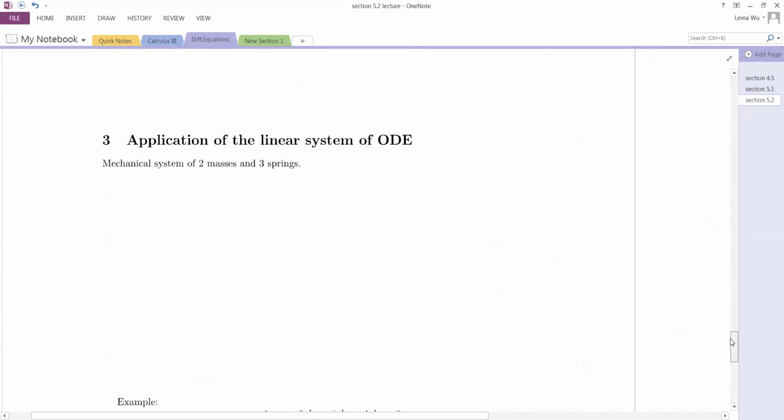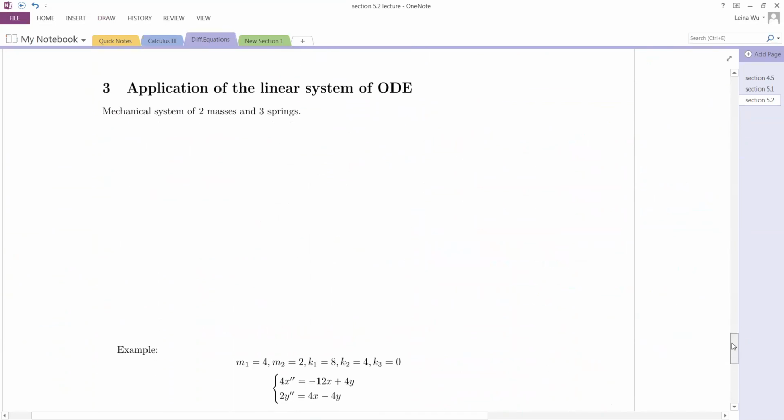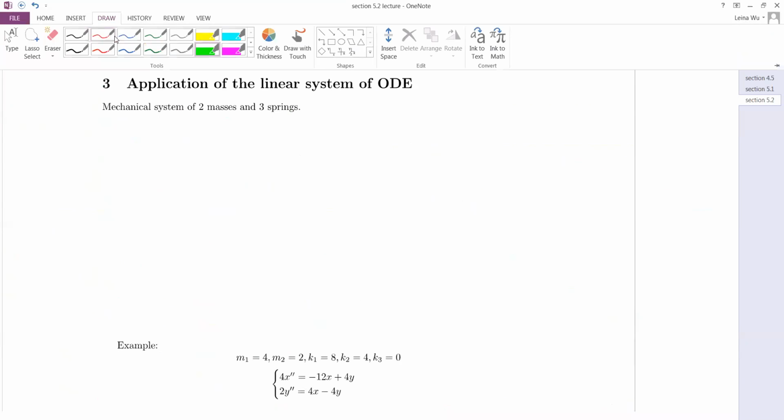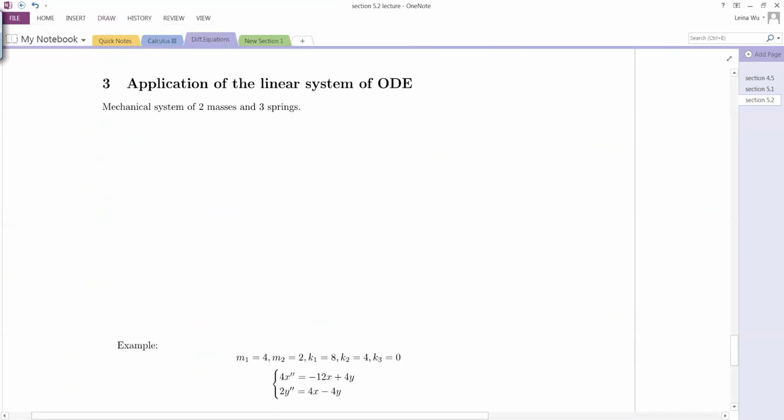All right, so guys, next we want to look at the application of a linear system. Remember last time when we were introducing a linear system, we started with the mass and spring problem. So we're going to look at a mechanical system of 2 masses and 3 springs. Let's start sketching our graphs.